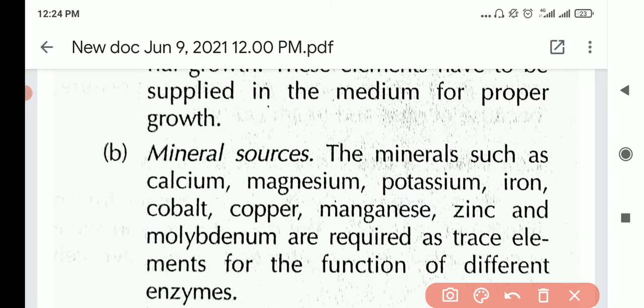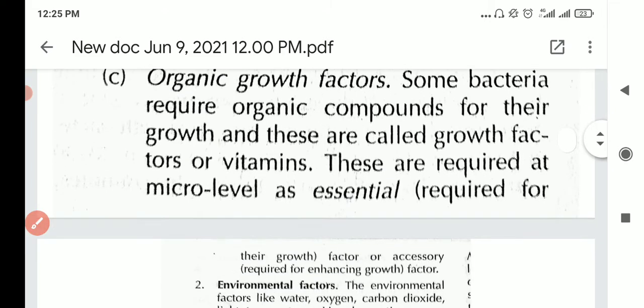And they may need zinc and all the trace elements. So organic growth factors, they will get vitamins, okay? They will get vitamins from the dead and decaying matter of the living things, okay?